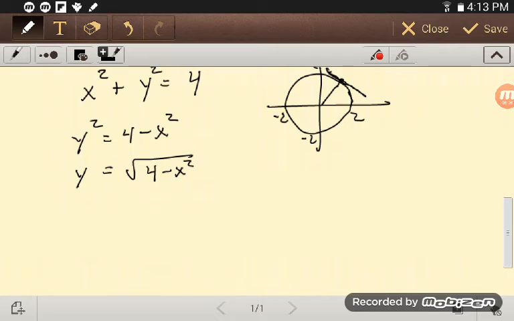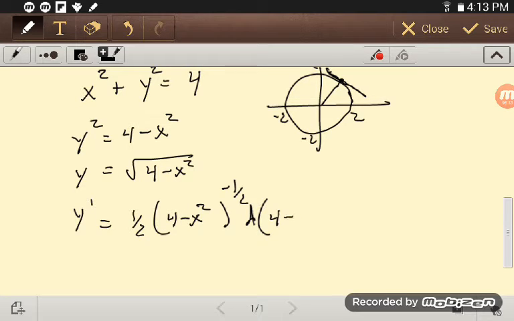Now I could take that derivative, y prime, or dy dx, however I want to write it. And that is, using the chain rule, my outside part is the square root, so that's something to the 1/2. So I have 1/2, that's something to the negative 1/2. Well, that something was 4 minus x squared. And then times the derivative of 4 minus x squared.